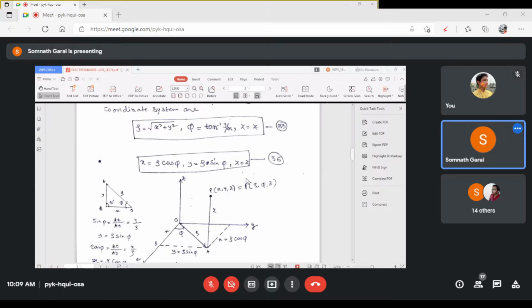Determine the value of the vector P in the cylindrical coordinate system.